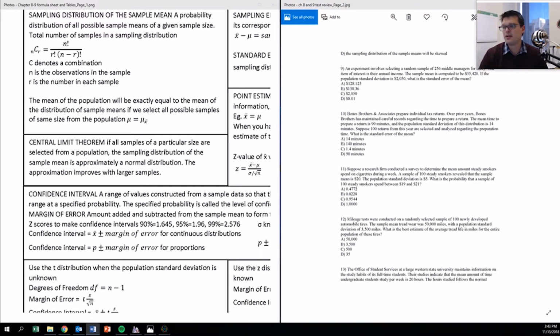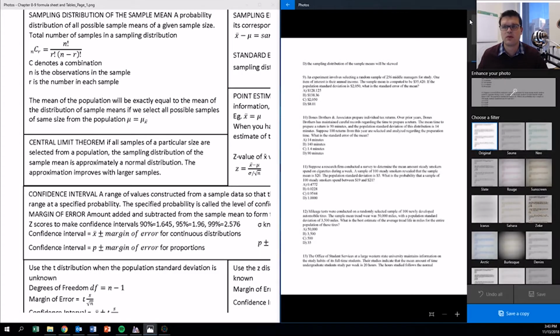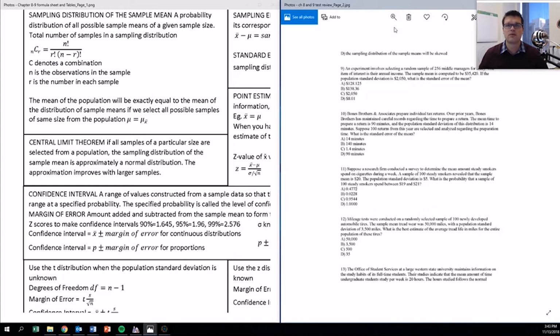An experiment involving selecting a random sample of 256 middle managers for a study. One item of interest is their annual income. Okay, first of all, you've got a random sample of 256.